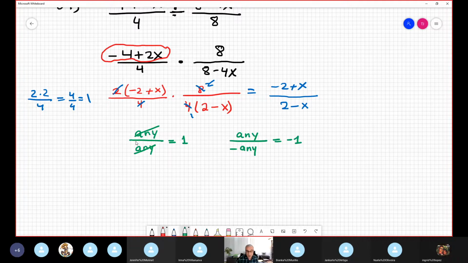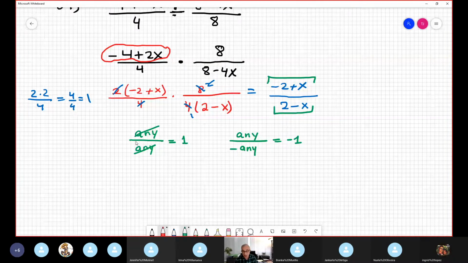So if you discover somehow that the expression in the top and the expression in the bottom are the same expression with the opposite sign, in the top I see negative 2, and in the bottom I see positive 2. And in the top you see positive x, and in the bottom you see negative x.